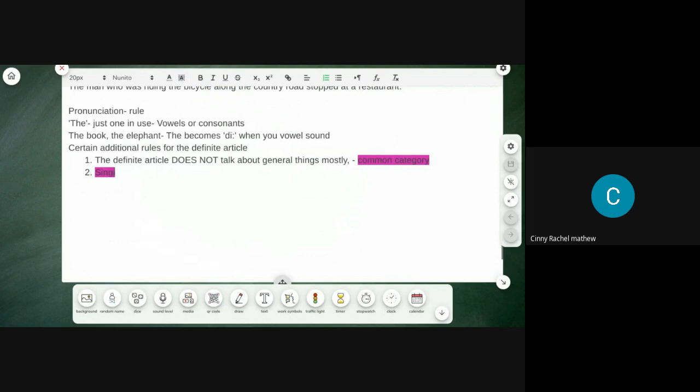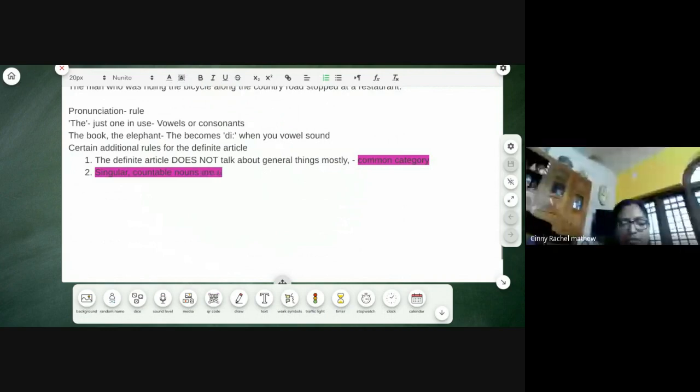Then, singular countable nouns are usually used with the singular countable nouns.